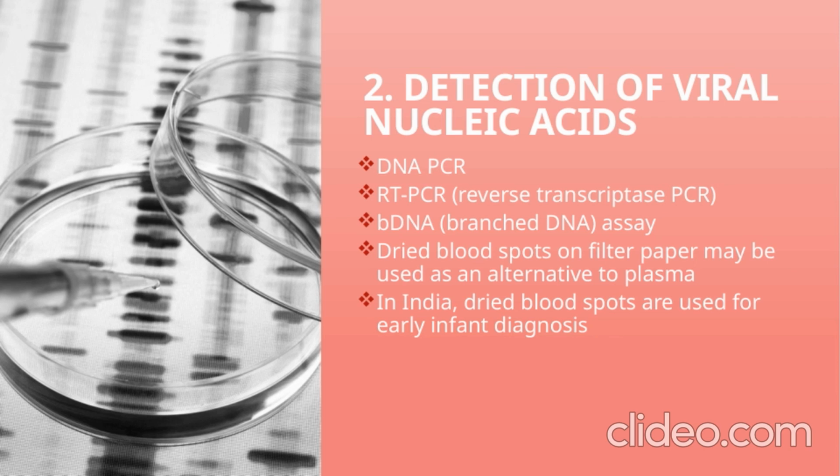In India, for example, dried blood spots are routinely used for early infant diagnosis, helping identify infections at a very young age when early intervention is crucial. Overall, these techniques are vital tools in our arsenal for detecting and monitoring viral infections, and understanding their applications helps us improve diagnosis, especially in challenging settings.